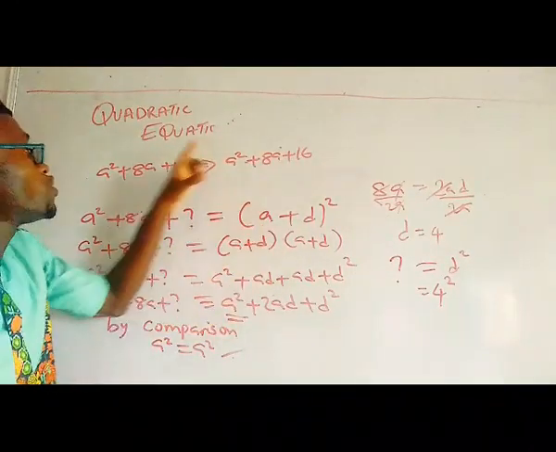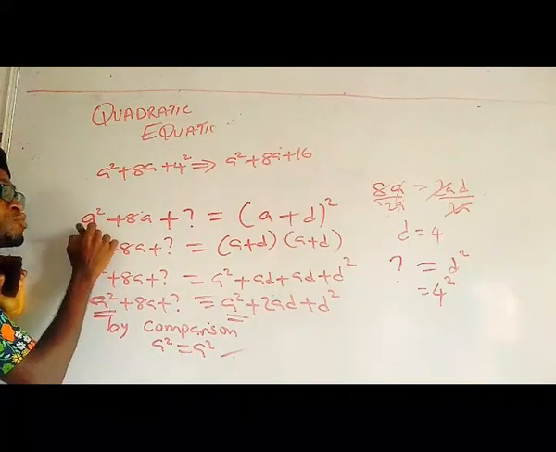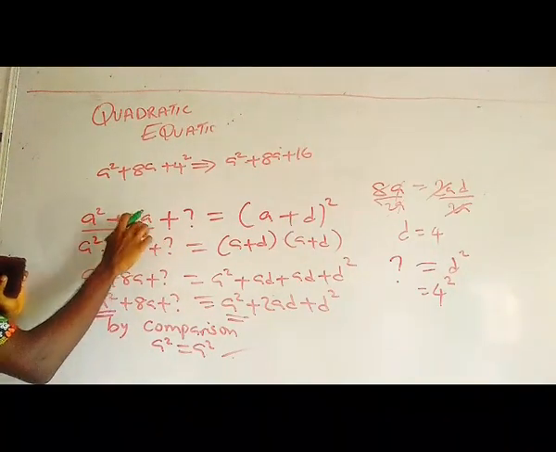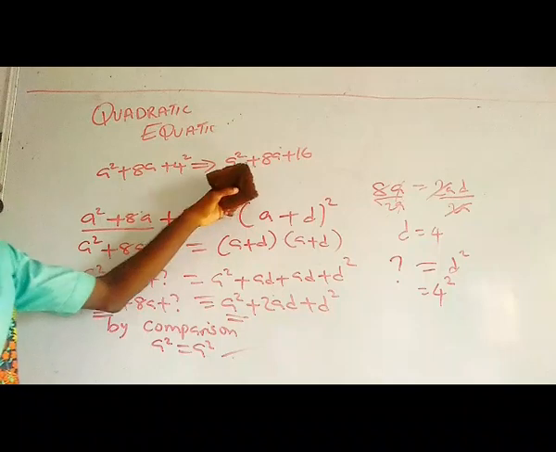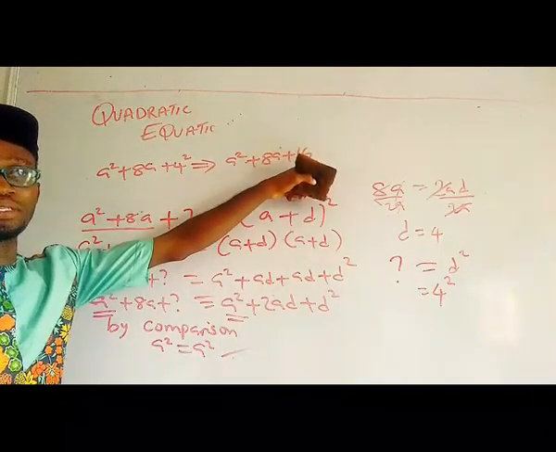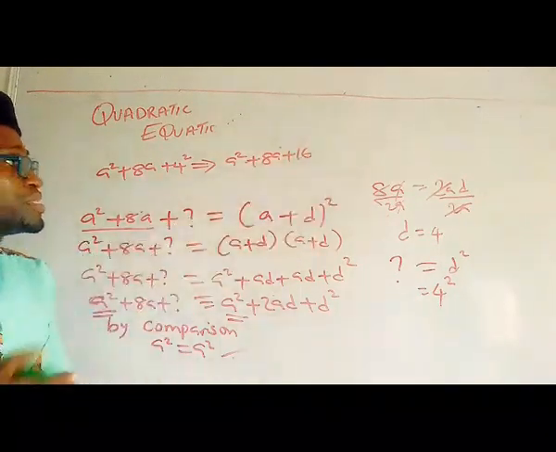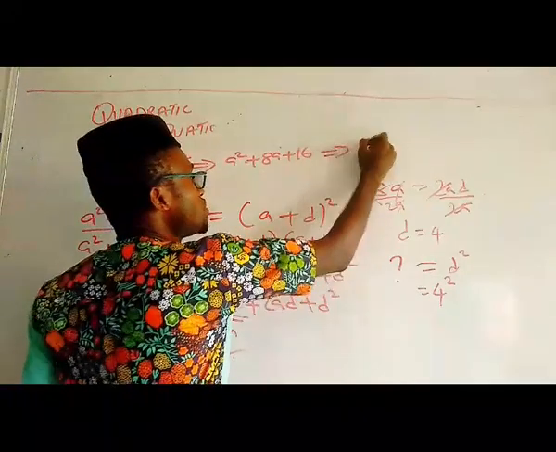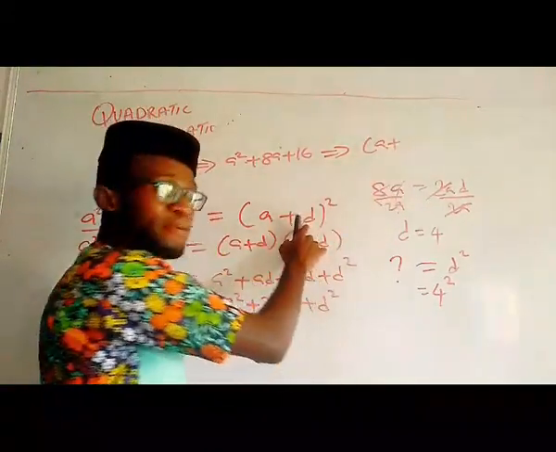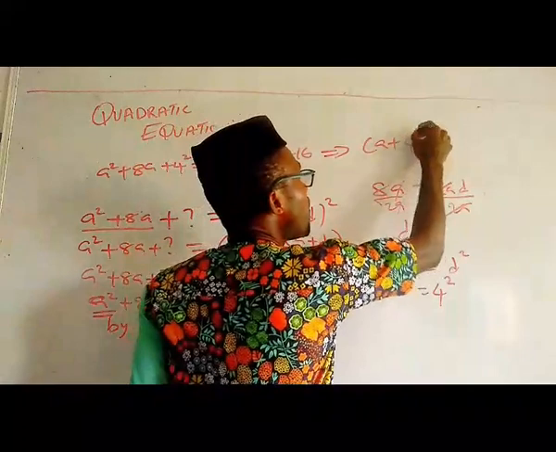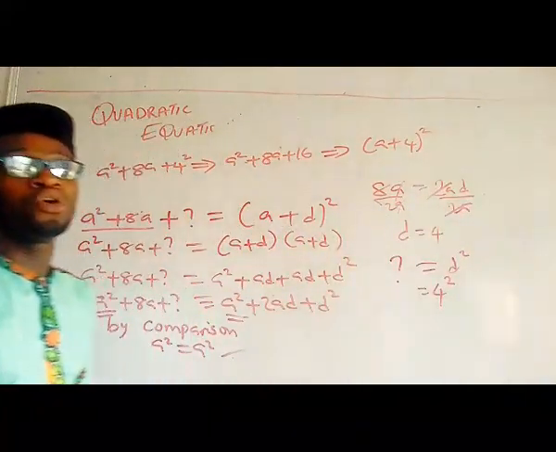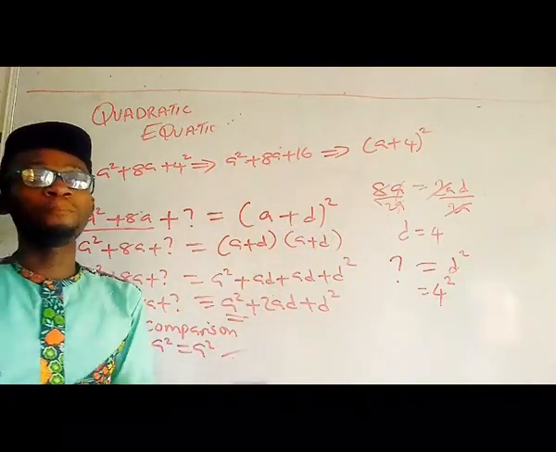What it means is that to make A squared plus 8A a perfect square, we have to add 16 to it. And once you add 16 to it, the perfect square it is going to give to us is A plus 4 raised to power 2.